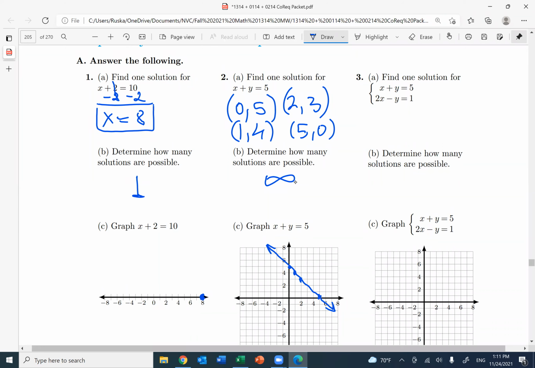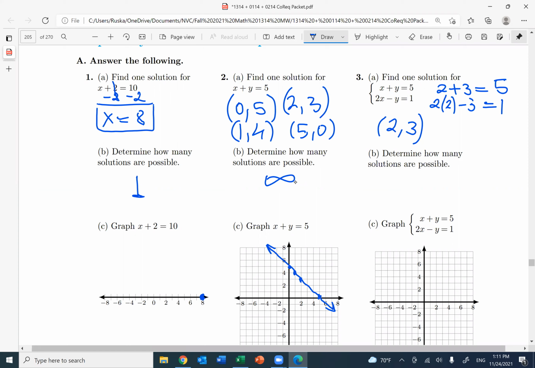So let's say 2 and 3, because 2 plus 3 is 5, and 2 times 2 is 4, 4 minus 3 is 1. So one solution is 2 and 3. How many solutions are possible? When you graph them, you're going to find out.